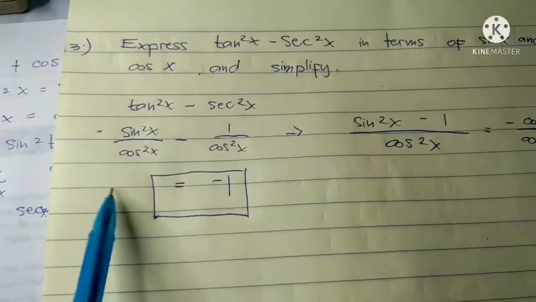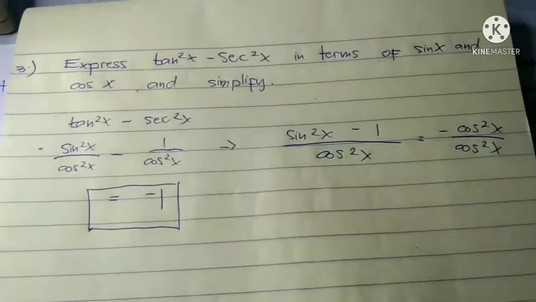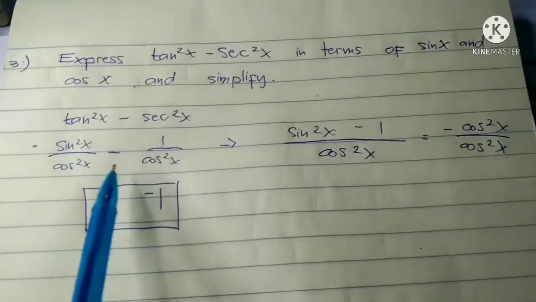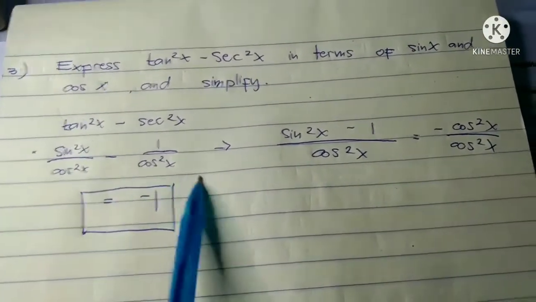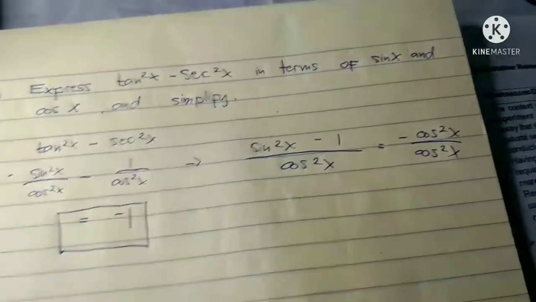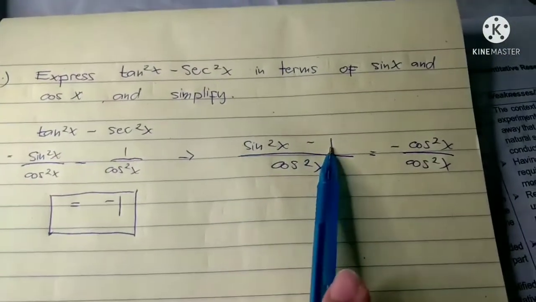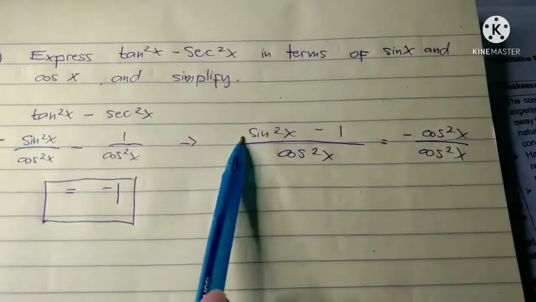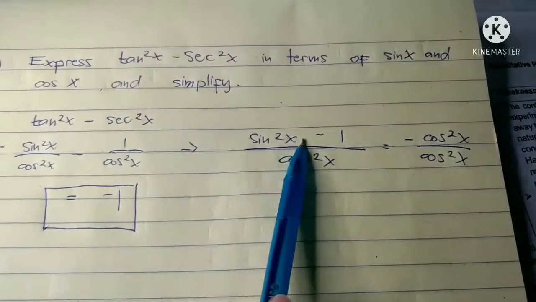Then we can simplify. As you can see, we have the same denominator, so we can copy it and copy our numerator. Then we have here sine squared x minus 1.